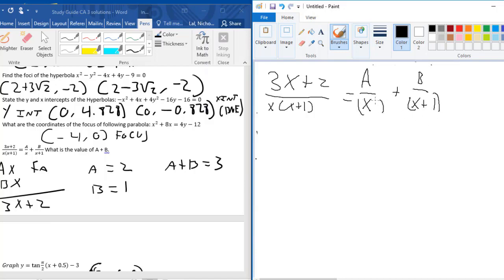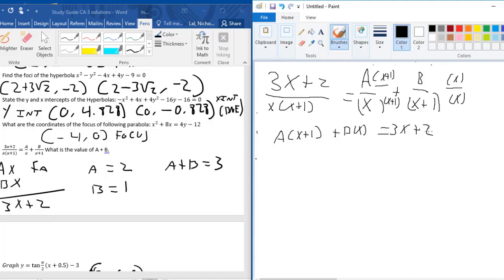Because these two terms are equivalent, if we wanted to get a common denominator, we could multiply a by (x + 1) over (x + 1), and multiply b by x over x. And this would put us in a situation where a times (x + 1) plus b times x would have to equal 3x plus 2.